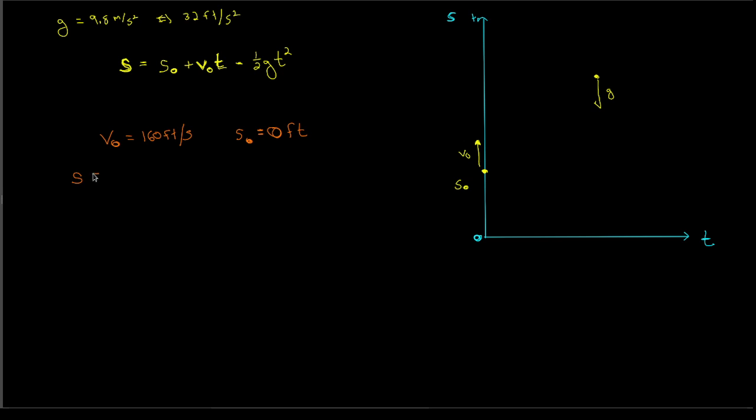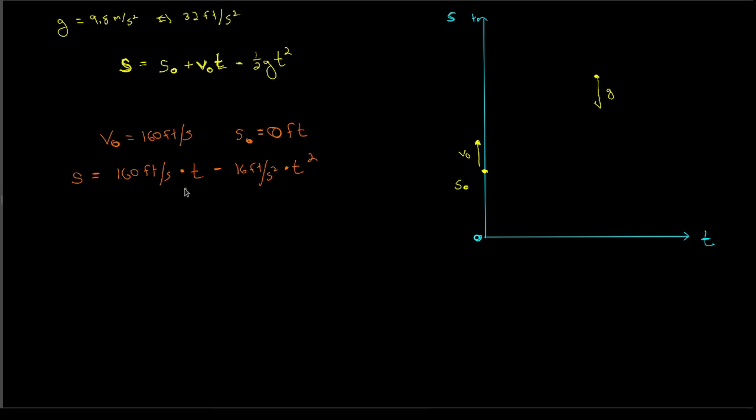So we can find our equation of motion. The height of our rock will be 160 feet per second times time, minus 1/2 our coefficient for constant gravity, so 16 feet per second squared times time squared.